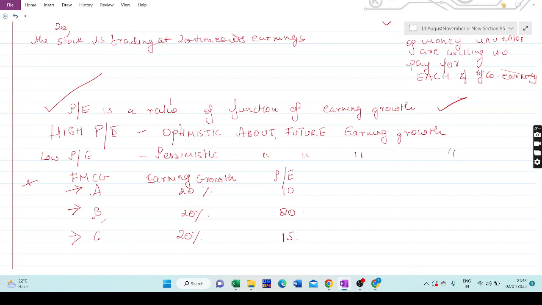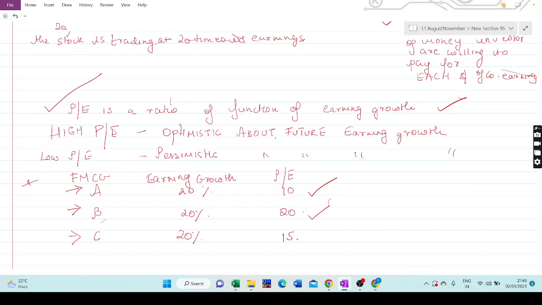Now, guys, please understand, when we buy stock A, we are paying $10 to buy 20% growth, right? And when we buy stock B, we are paying $20 to buy the same growth rate.